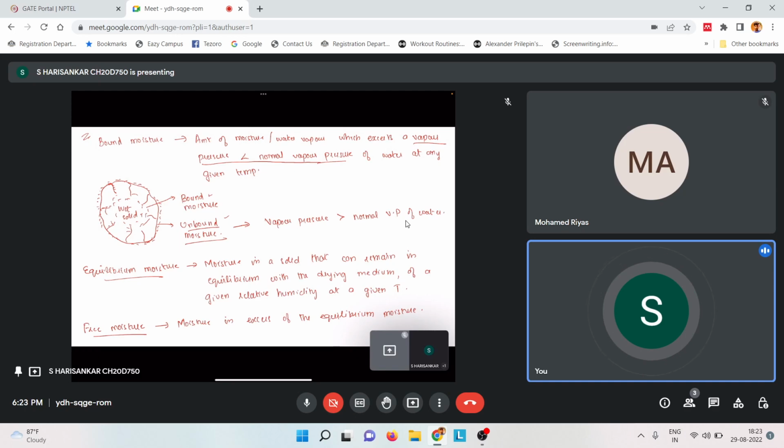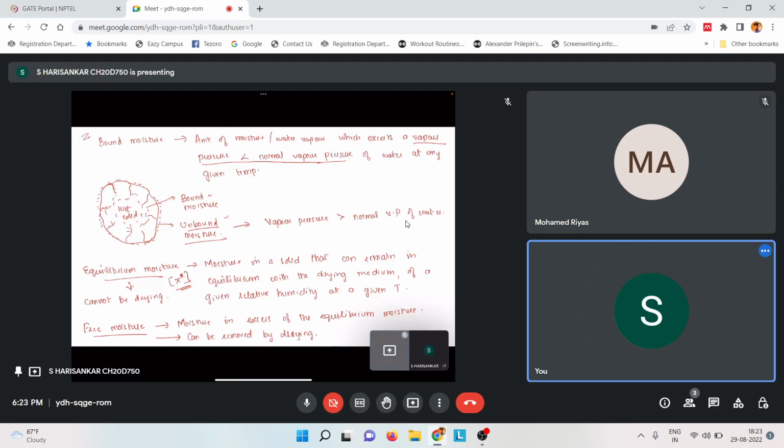It is important to note that only free moisture can be removed during a drying operation. This equilibrium moisture usually cannot be removed by drying. So in other terms, this equilibrium moisture, usually represented as X star, is the endpoint for a drying process.